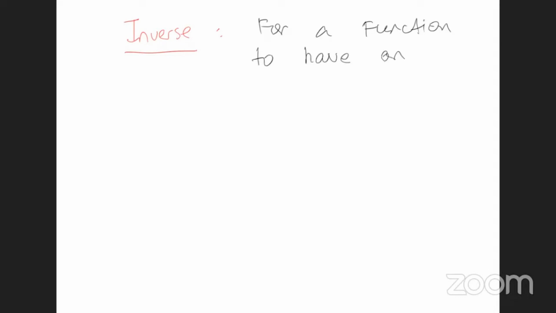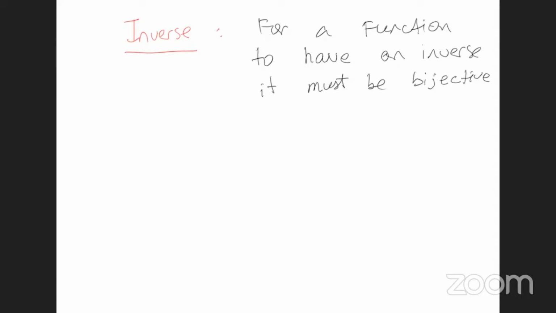All right. So for a function to have an inverse, it must be bijective.